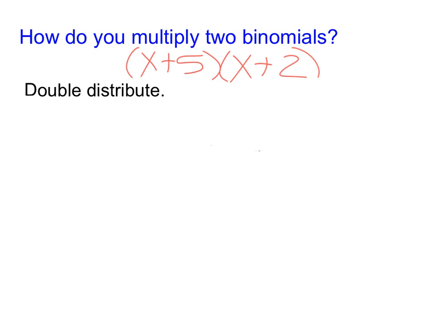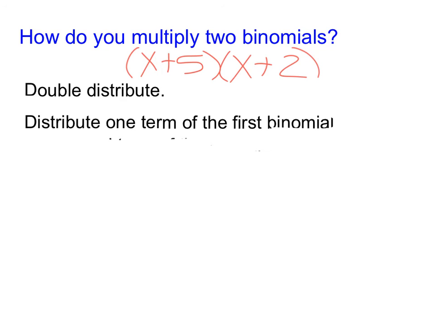Some teachers teach FOIL. I'm actually not going to show you FOIL. If you know it, that's fine. So what we do is we distribute the first term of the first binomial. So I'm going to distribute my x to that entire thing. And then we distribute the 5 to the entire thing. So we have to distribute both the x and the 5.